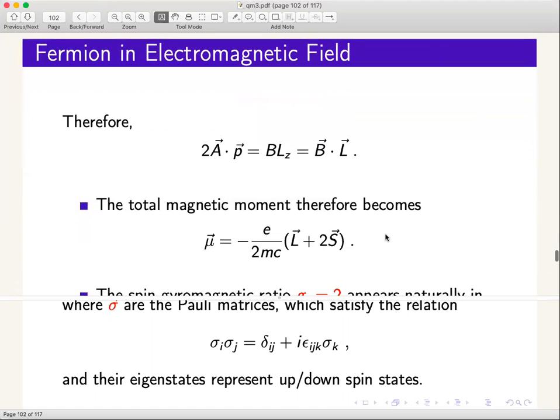Okay, so what we find is that we get an expression effectively for the total magnetic moment, which is written as e upon 2mc times (L plus 2S). So the gyromagnetic ratio corresponding to the orbital piece is 1, and for the spin piece is 2.